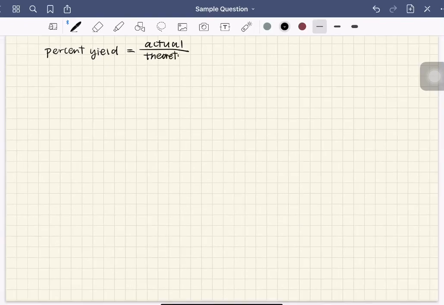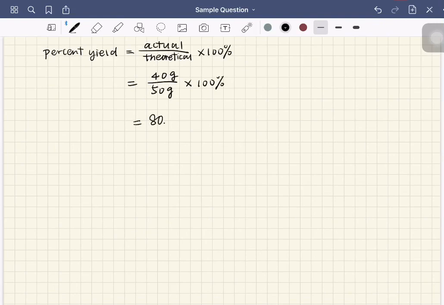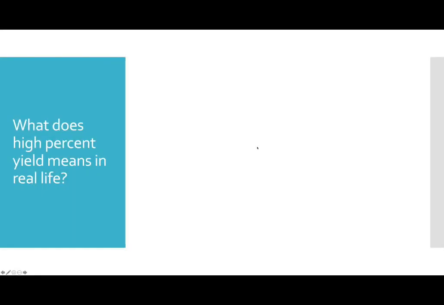So in this case, we have 40 grams over 50 grams of titanium, and we will finally get 80% as our result percent yield. I'm not sure if you still remember the simulation that we did back in October, talking about the percent yield. So the larger the percent yield is, the closer we can get to our answer.